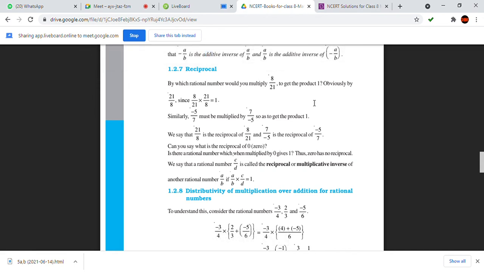Reciprocal of a number. Below you can write multiplicative inverse of a number is known as multiplicative. One more time.